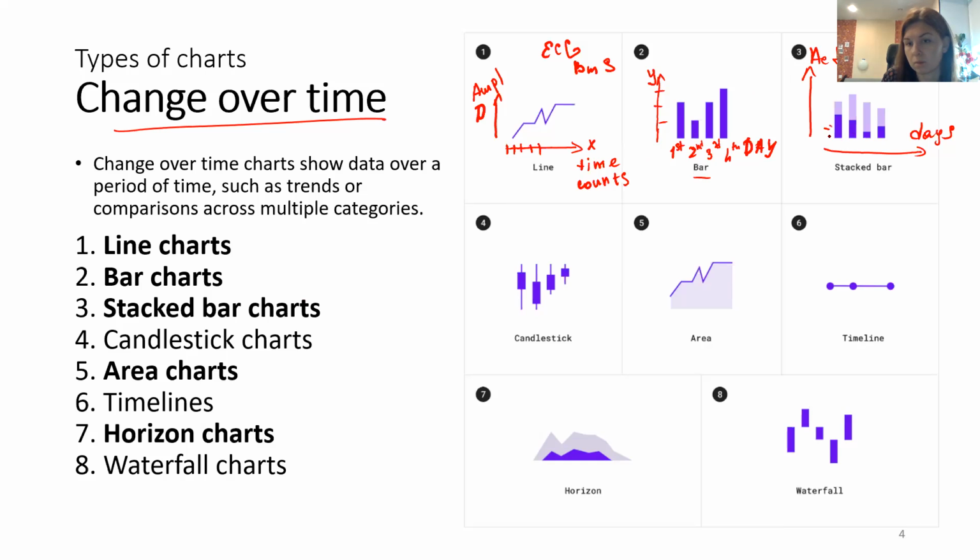Here will be ordinary walking, for example, and here we may have running. It also represents a comparison between two groups, activity type of running and activity type of working, and changing over days.